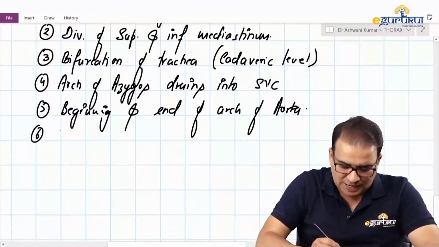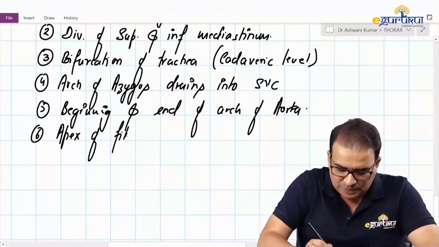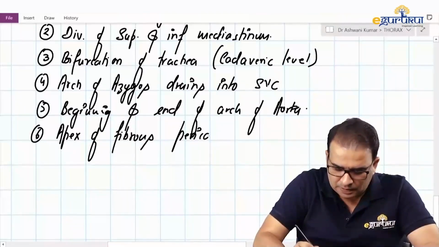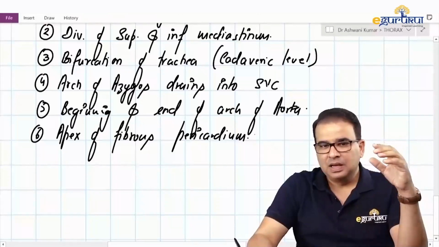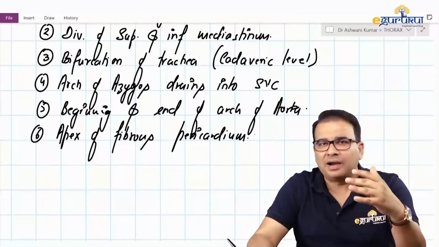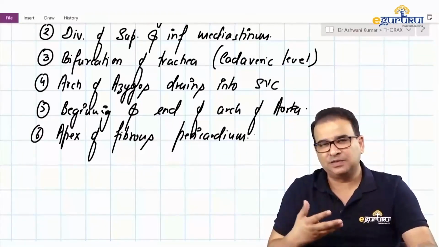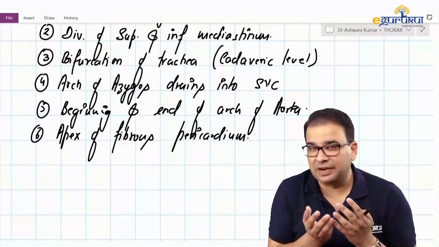This also is the level for the apex of the fibrous pericardium. Please remember one thing: when we talk about pericardium, the serous pericardium is the one which behaves more like the heart. The base of the heart is posteriorly placed and the apex of the heart is toward the left side, and that's how the serous pericardium covers it.